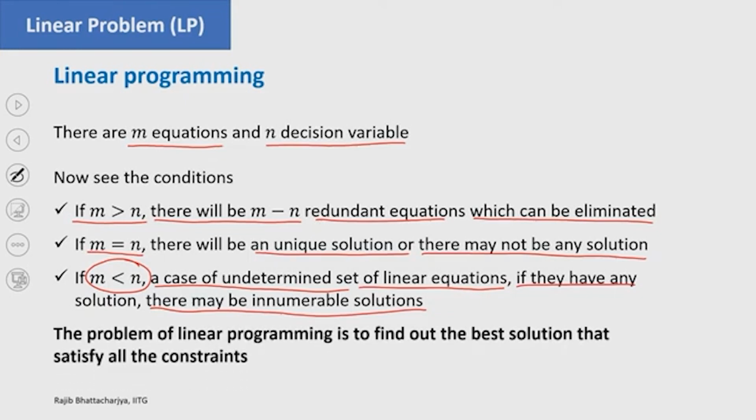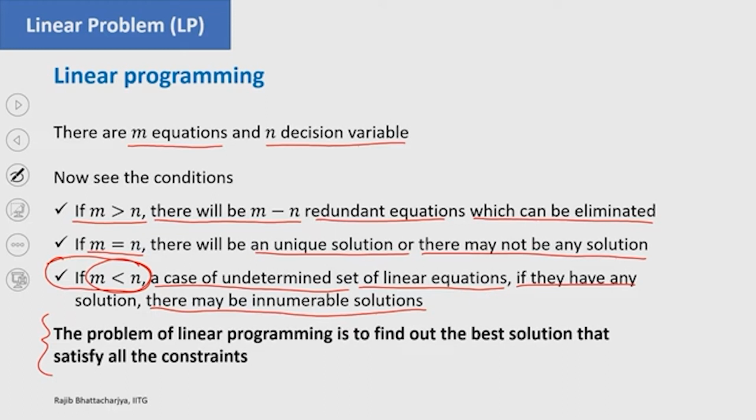So, the problem of linear programming is to find the best solution that satisfies all the constraints. That is what we are discussing here about linear programming. I am talking about the third case, when the number of equations is less than the number of variables.